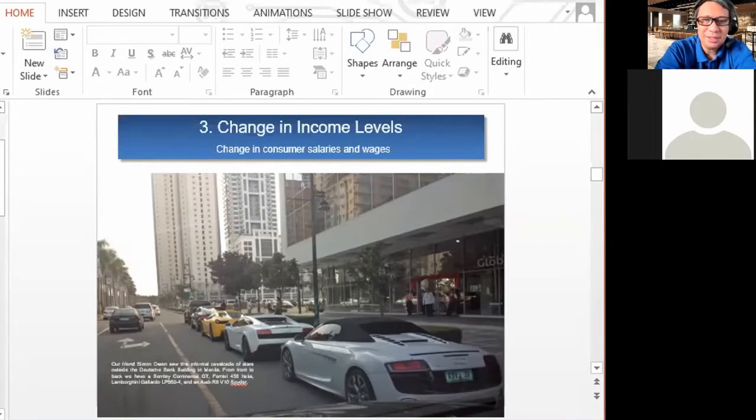If there is greater earning power, there is so much demand for sophisticated and exotic imported items. So this will definitely increase the price of the dollar because they will be needing dollars for importing these supercars that we see in the photo.